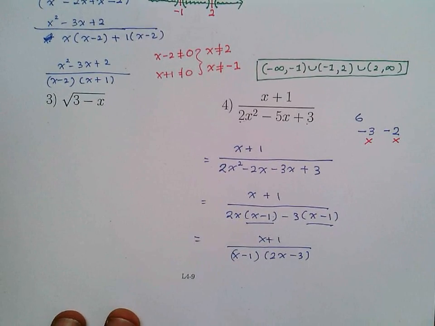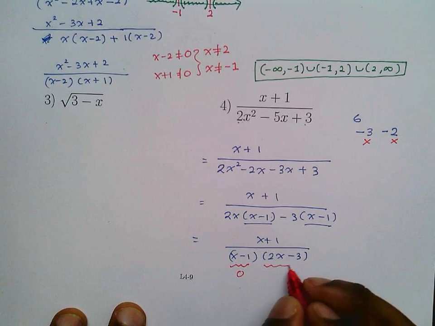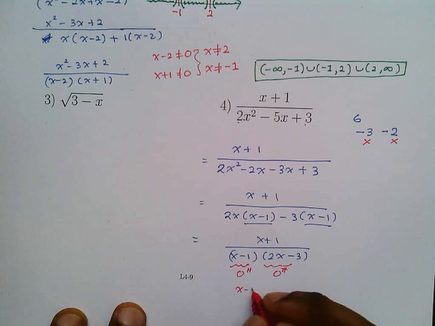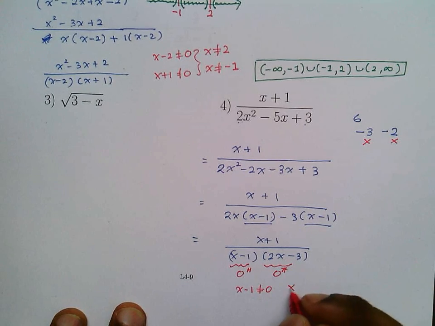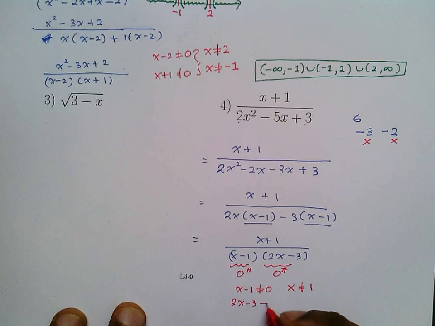Now this one cannot be 0 and this one cannot be 0. So x minus 1 is not equal to 0, that means x is not equal to 1. 2x minus 3 cannot be 0, that would be x is not equal to 3 over 2.